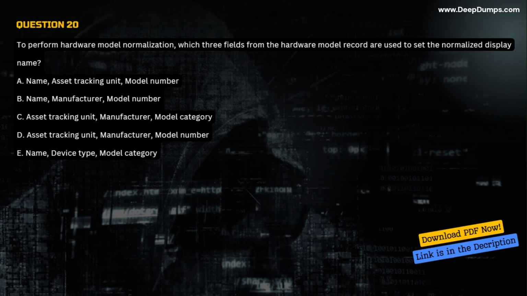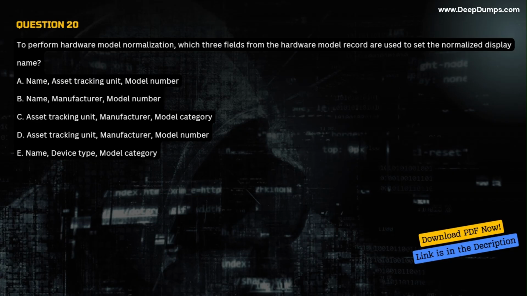Question 20. To perform hardware model normalization, which three fields from the hardware model record are used to set the normalized display name? A. Name, asset tracking unit, model number. B. Name, manufacturer, model number. C. Asset tracking unit, manufacturer, model category.